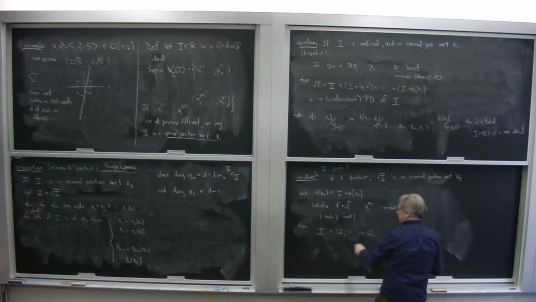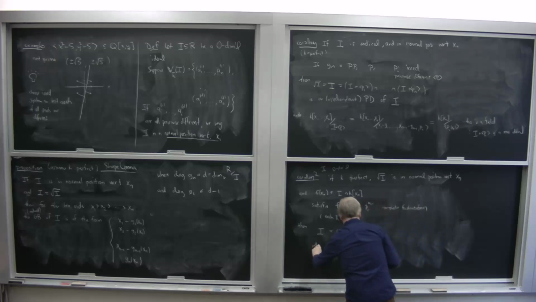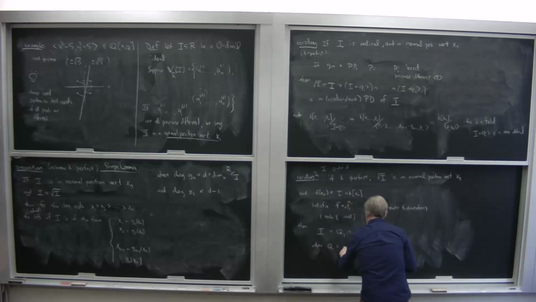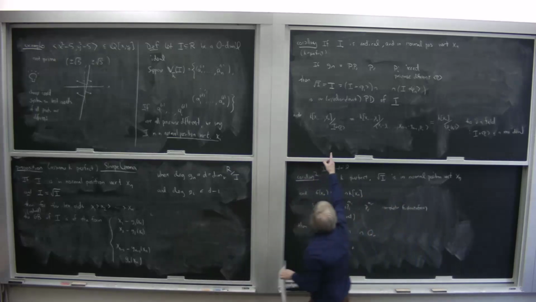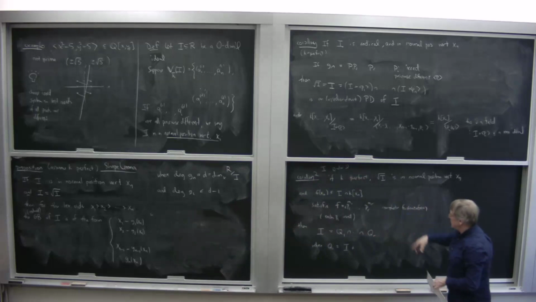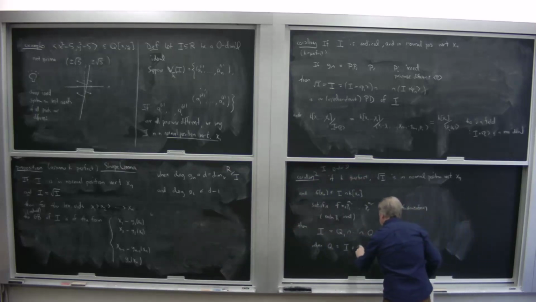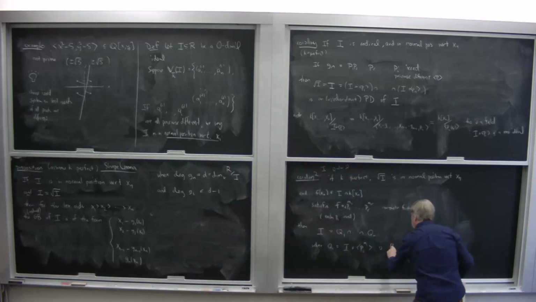That's the same number as here, where Q sub i is equal to I plus, well, remember the prime itself was I plus the P sub i, up here. And now all we have to do here is take the P sub i to the m sub i. And this is I plus P sub i primary.